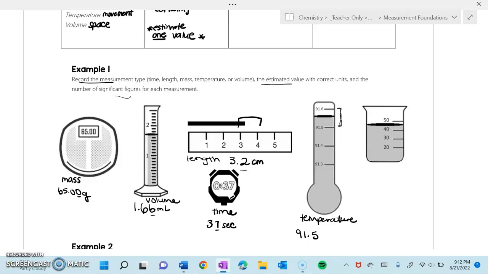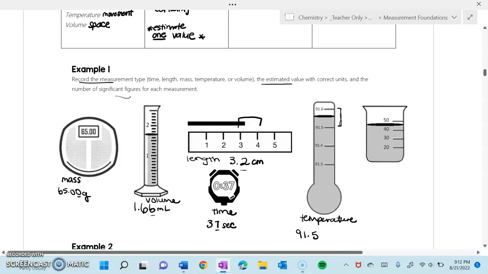So our one estimated value now is going to be based off of our actual line of the liquid. So I'm going to estimate that's about 91.57 degrees Celsius. That's what I'm estimating. So my hundredths place is the estimated value. All the rest I know for sure.